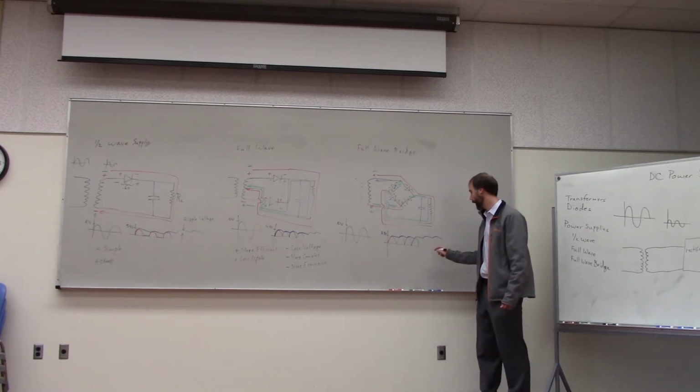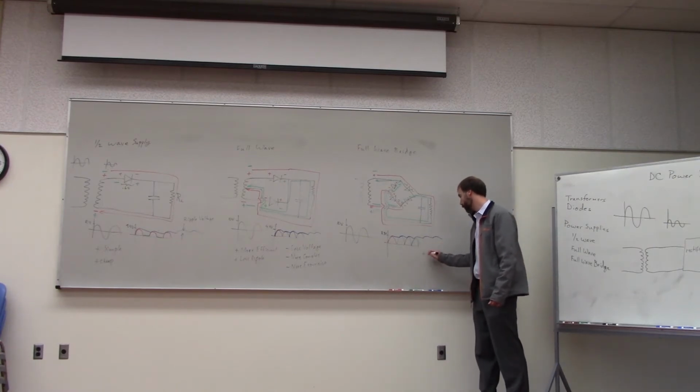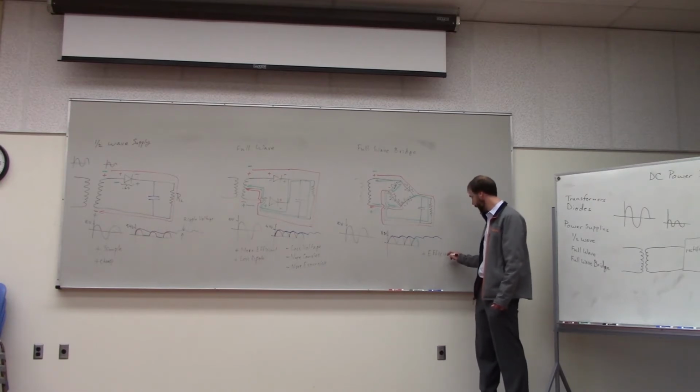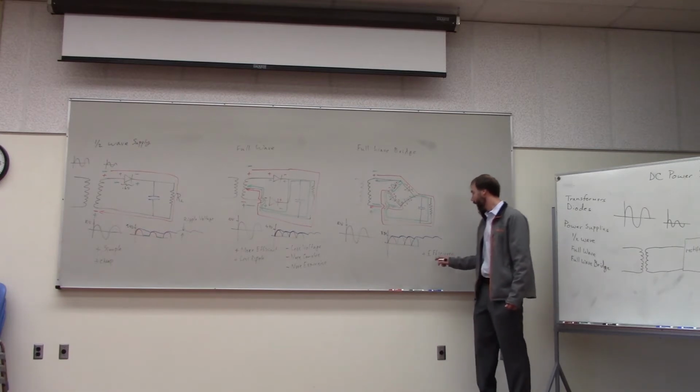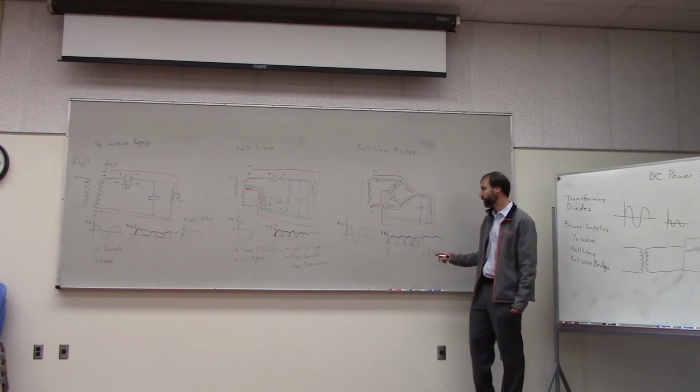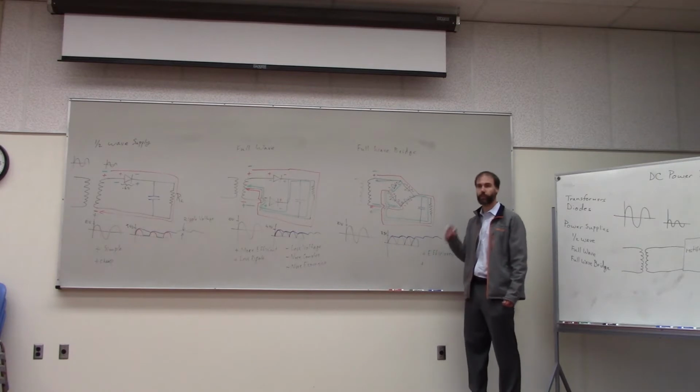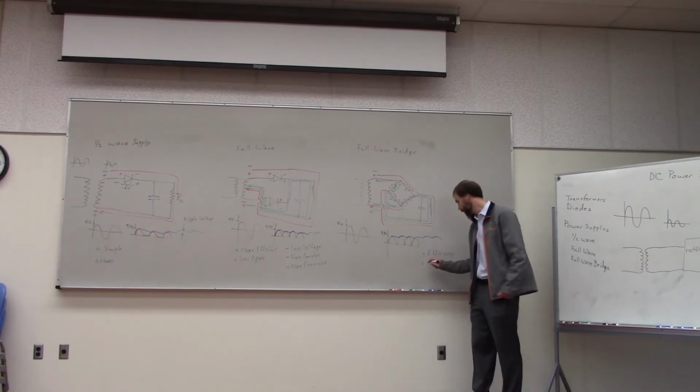So it has the higher efficiency because it captures both the positive and the negative sides of the signal, right? What about the ripple? It's low ripple, right? We said that. So that's good.